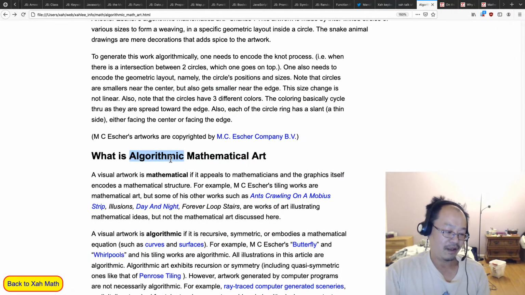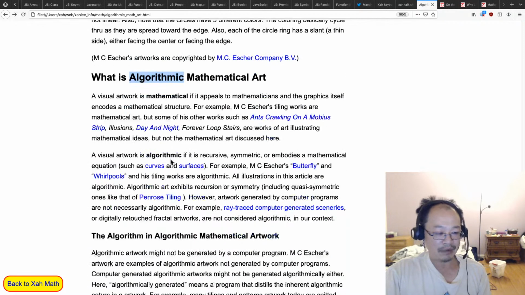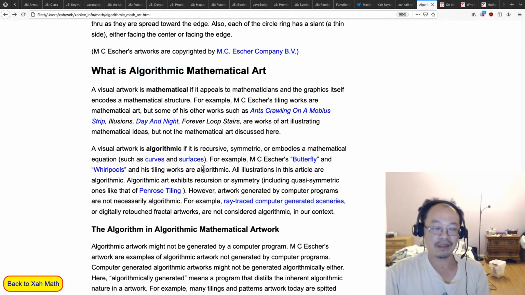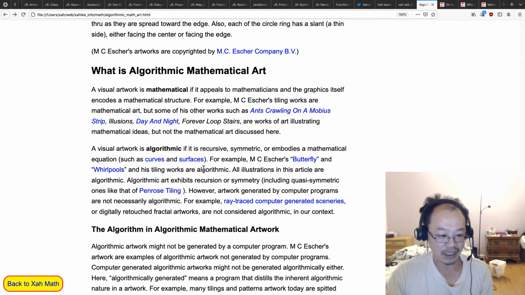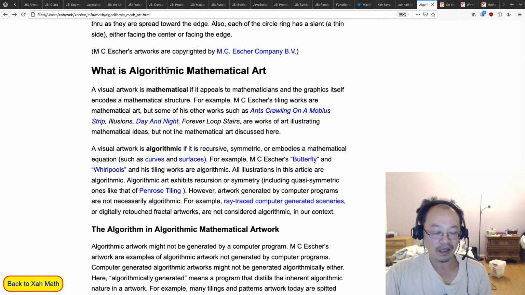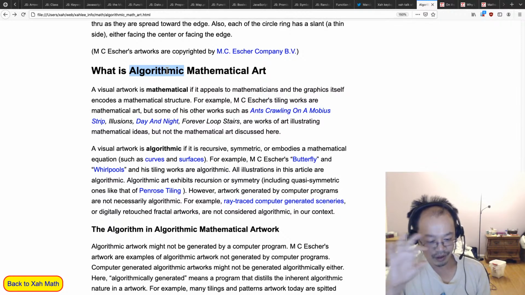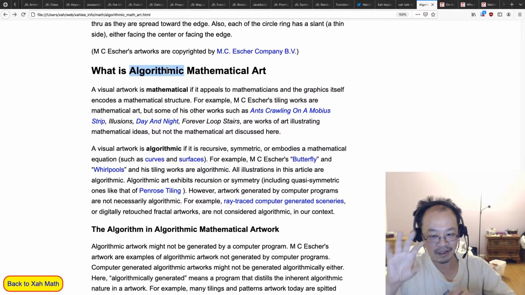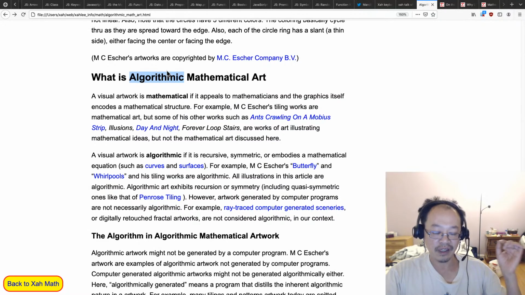Then I also define when a computer-generated artwork qualifies as algorithmic. I'll give you the short version. In order for it to be what I call algorithmic, your source code, your algorithm, the way you create the picture, must correspond to the structure of the image.